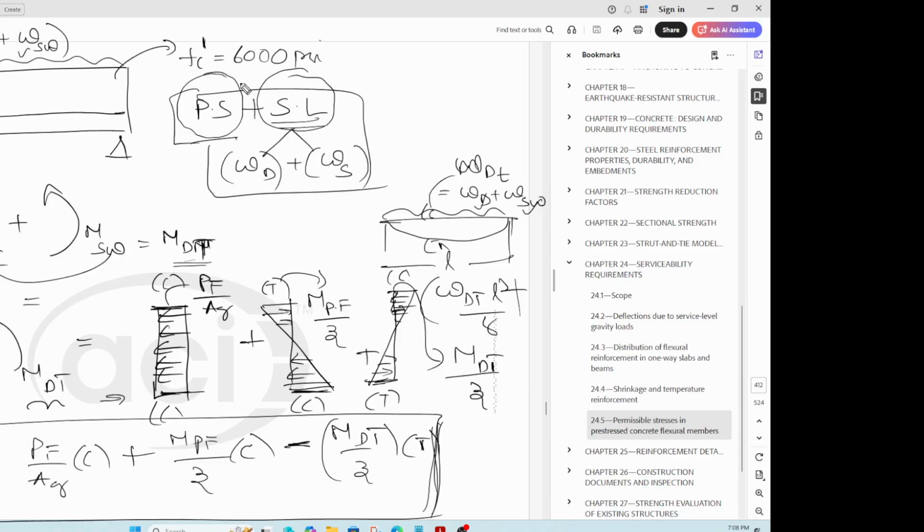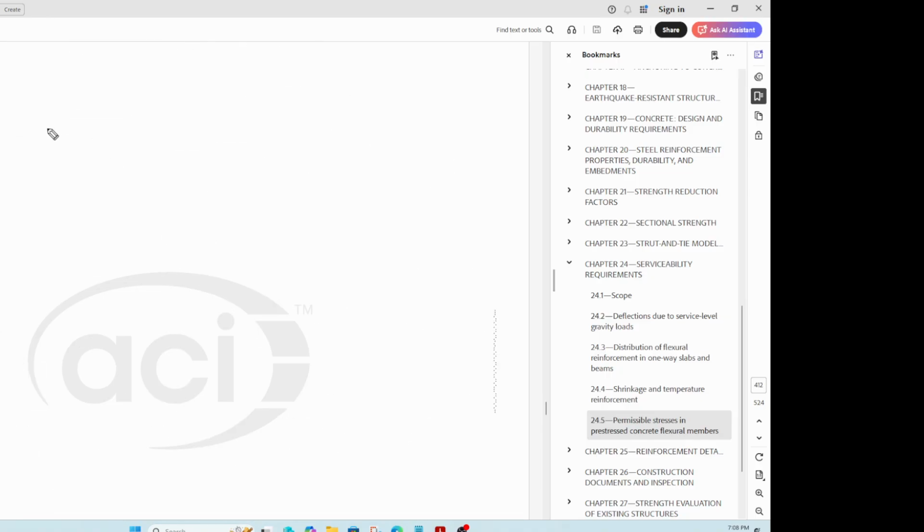Right? So now let's move to the third category, which is your sustained loads, or your pre-stress loads, plus all other loads.